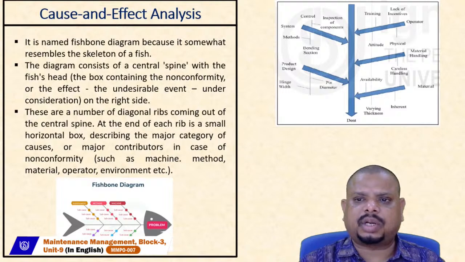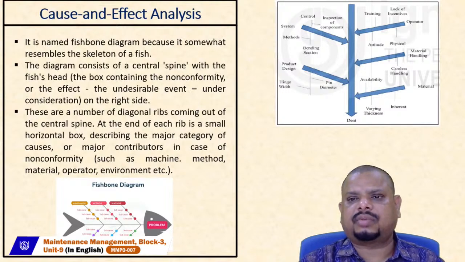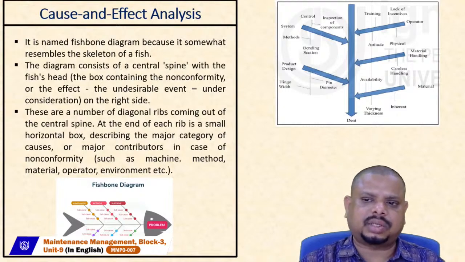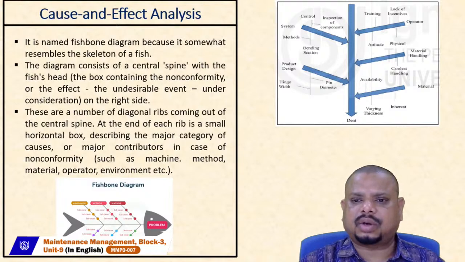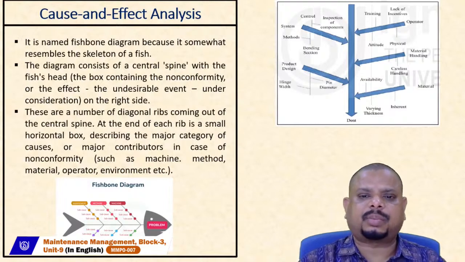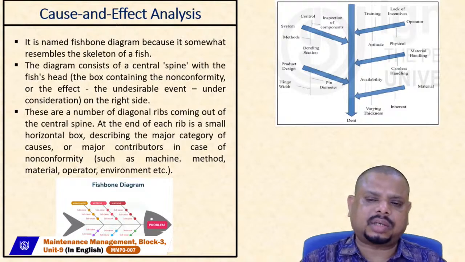In the case of operators, we have to consider training, lack of incentives, attitude, and physical factors. Similarly, in material handling, careless handling is the cause. The next is material, such as availability and variation in thickness. Similarly, in product design, you have to consider pin diameters and hinge width. These are the technical things included to repair the dents.